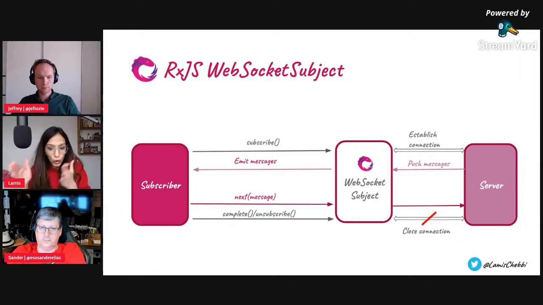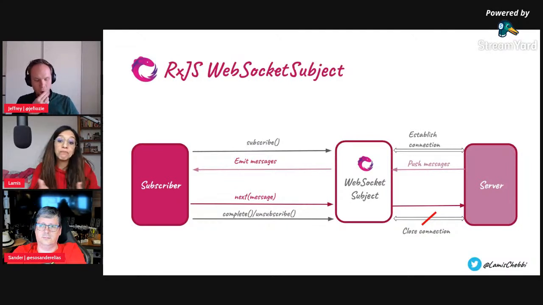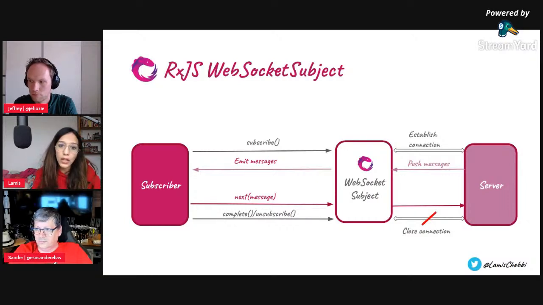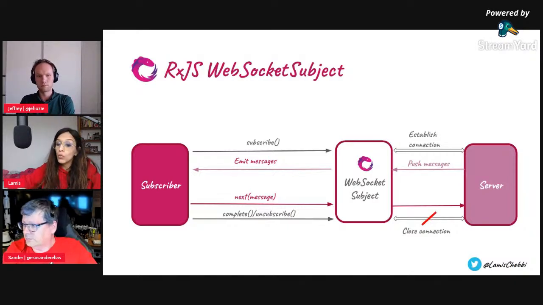So you subscribe in order to establish the connection, and starting from that point, you will start to receive messages from your server, and you can also send messages to the server through the next method available in the RxJS subject. Once you're done, you just hit complete or simply unsubscribe from the WebSocket subject, and this will close the connection for you.